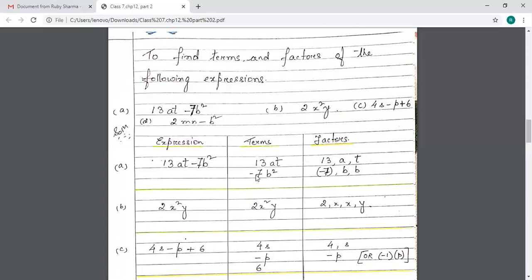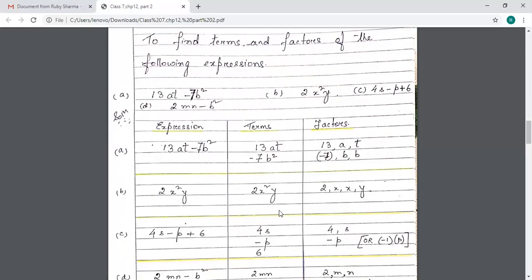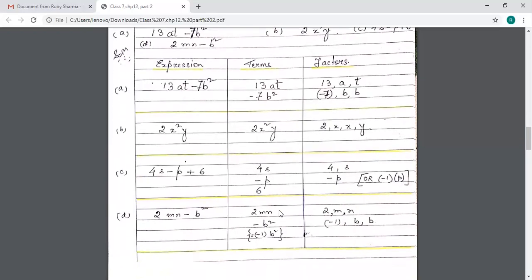Minus 7, b and b, isn't it? Similarly, for this expression, 2x square y, this is one term. For this expression, we have only one term. This is a term also, expression also. And what are the factors involved here? 2, x, x and y. Okay.